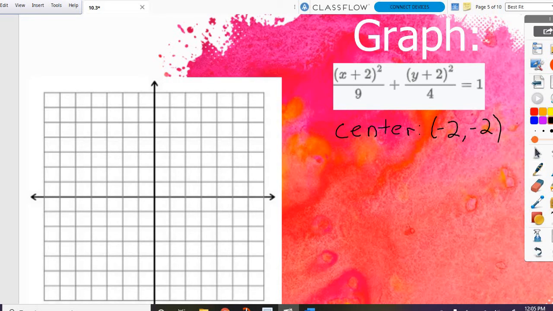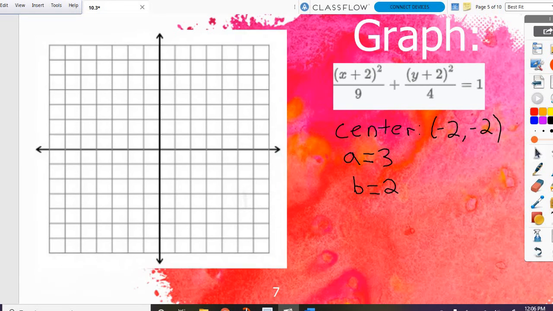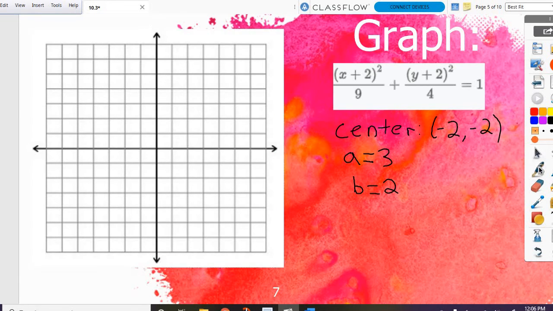So then what is our A value? 3. And our B value? 2. So remember that in my denominators are my A squared and my B squared, so we have to take these square roots in order to find our A and our B. From there, we have enough information that we can graph.